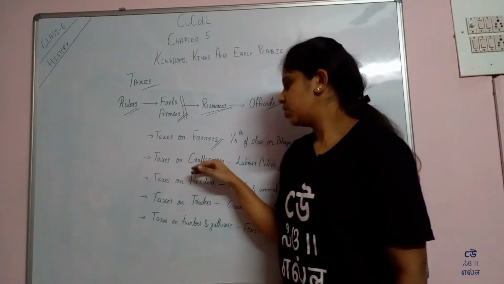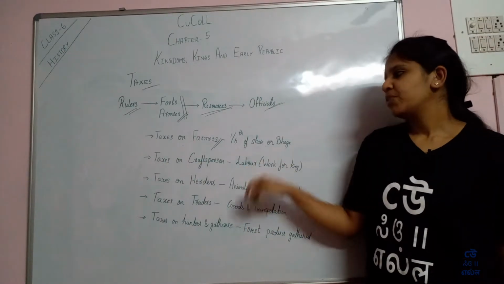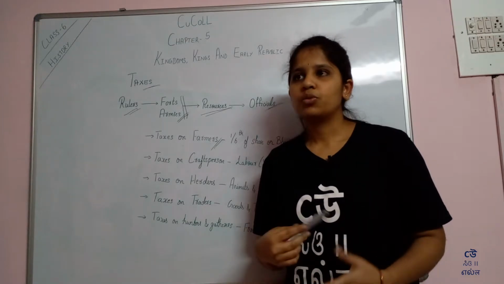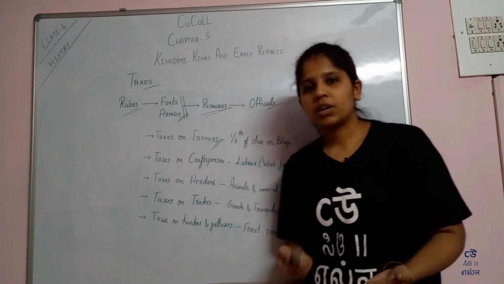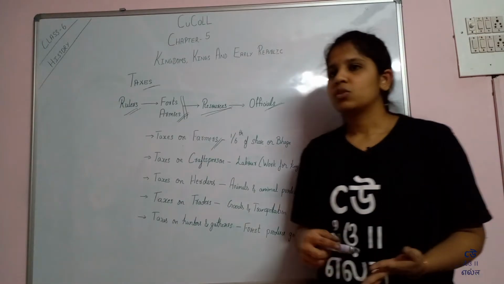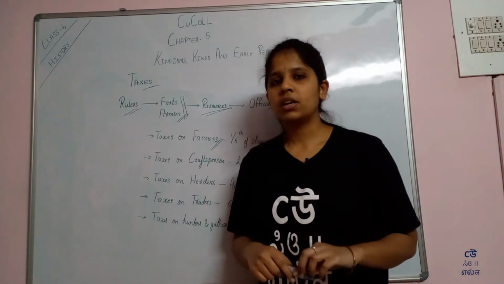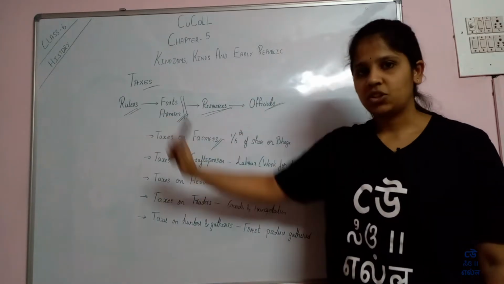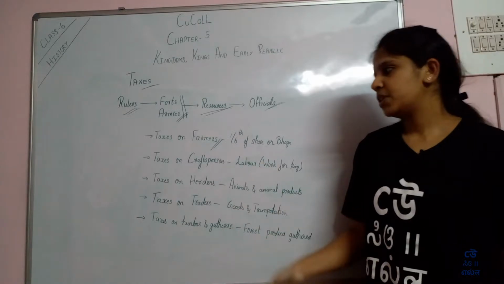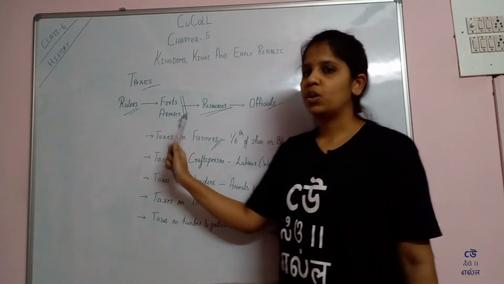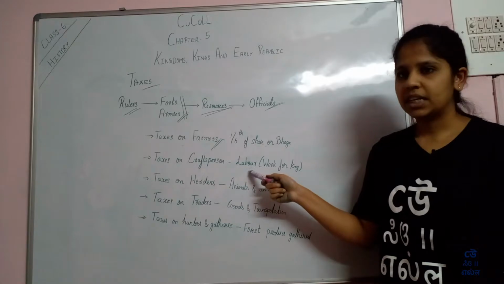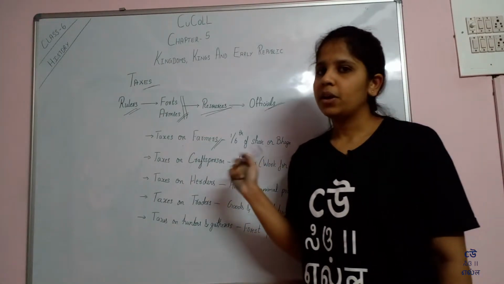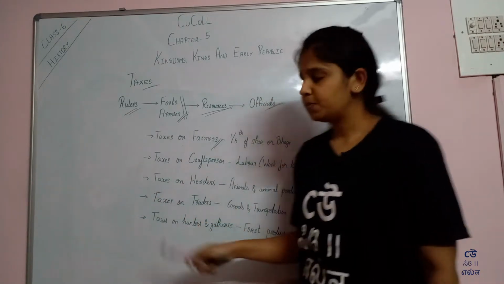Next, tax on craftspersons. How can the raja collect tax from a craftsperson? For example, a goldsmith or a weaver had to work for one whole day in a month for the raja. So craftspersons paid tax to the rulers in the form of labor, that is, they had to work for the raja for one whole day within a month.